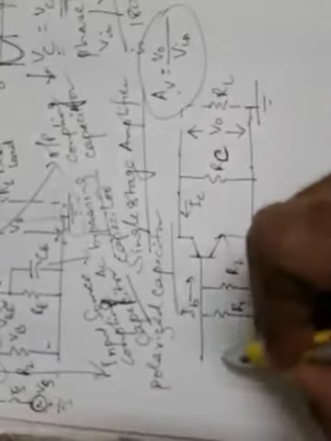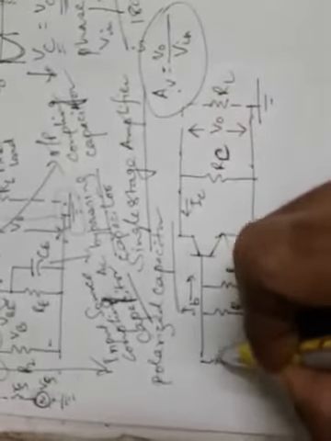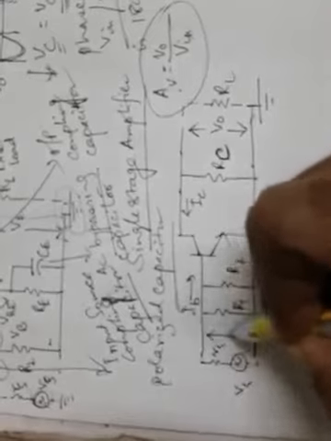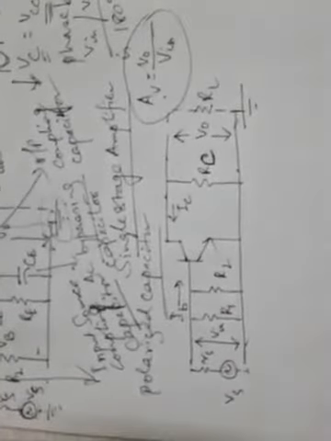RC is connected at the output, and across it Vo, the output, is taken, and the load resistor is shown like this, RL, and this is ground. And this is RS, and here the signal source is connected, this is VS, and as a total this is Vi.